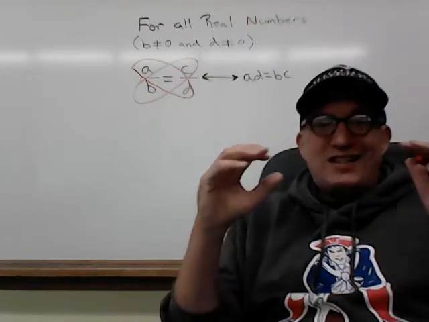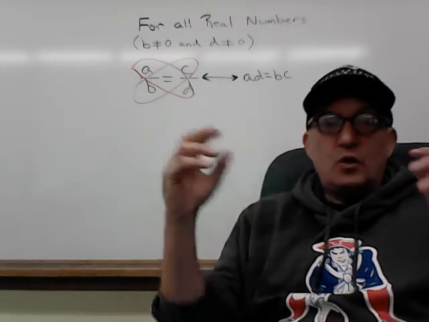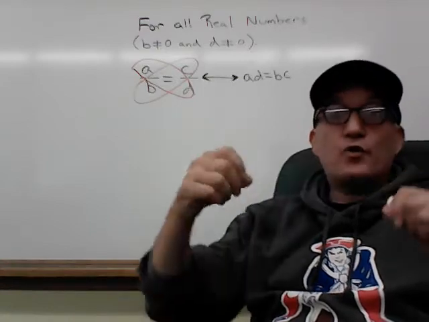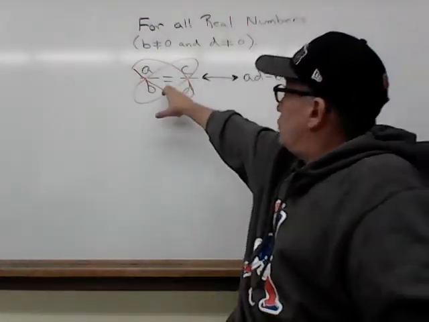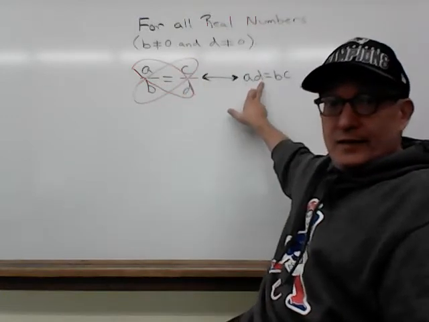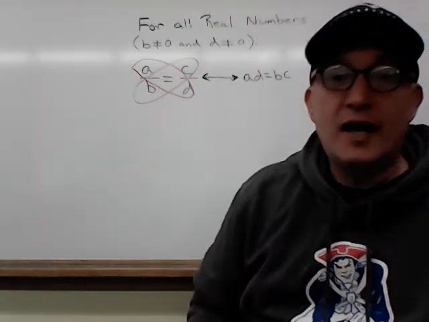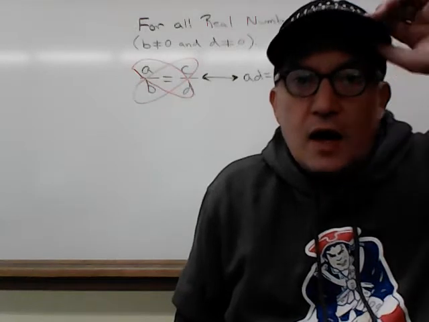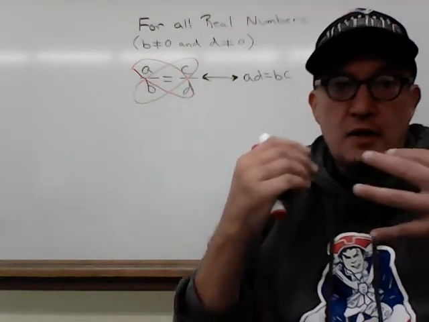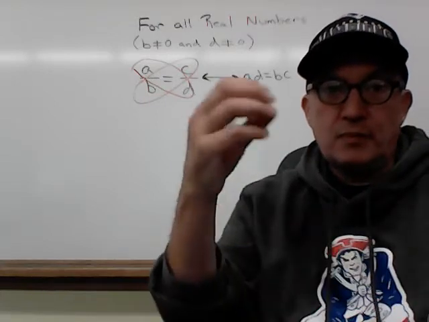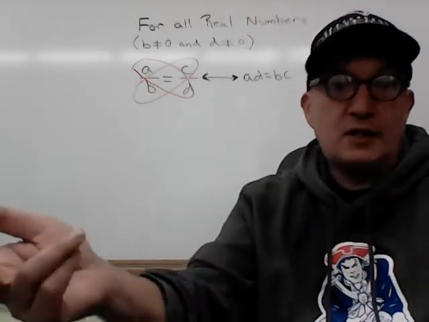I want you to develop an instant reaction to the two equal ratios and know that you can always rewrite that equation, this one here, as that. They are equivalent equations. I can't emphasize that enough. In math, sometimes it's important to develop the understanding of something so well that you just do it instantly.